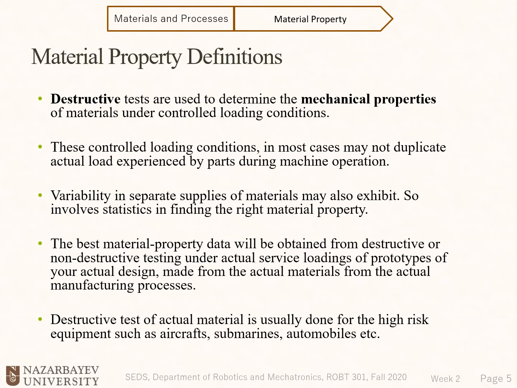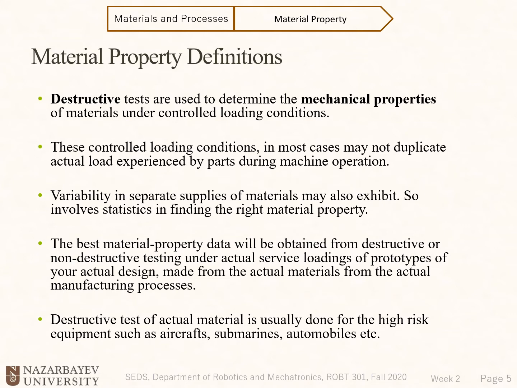As is clear from the name, we will destroy the specimen, we will destroy that sample to extract mechanical property. These controlled loading conditions in most cases may not duplicate actual loads experienced by parts during machine operation.